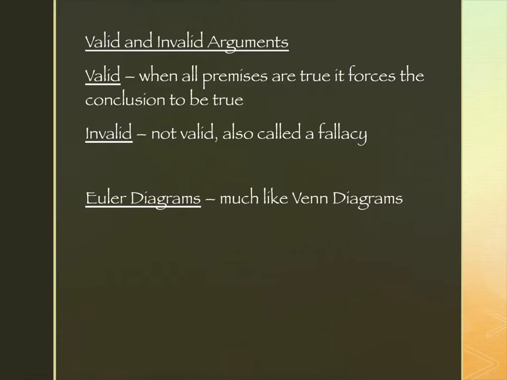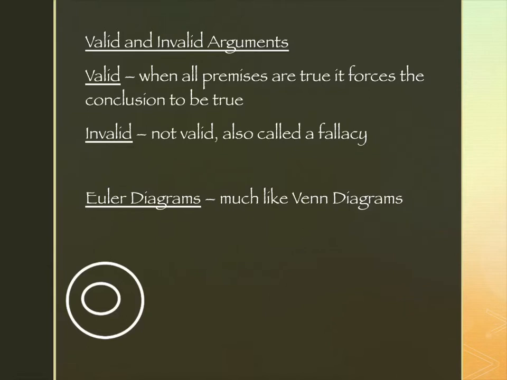And we're going to be using what are called Euler diagrams today. They're going to feel a lot like Venn diagrams. In particular, we're going to see circles showing up in these diagrams. There's three different basic structures that an Euler diagram can take. One structure looks like a circle embedded inside of another circle.